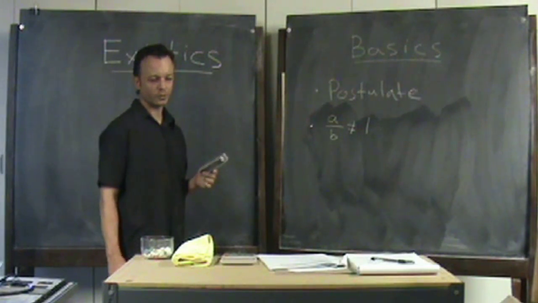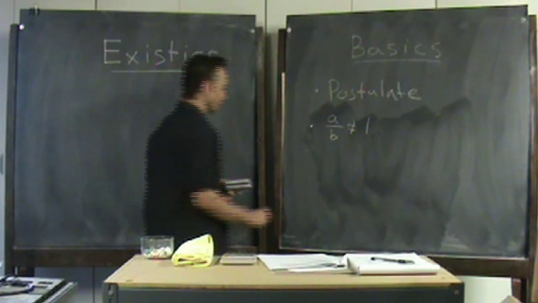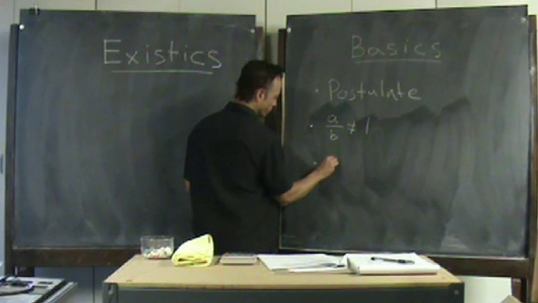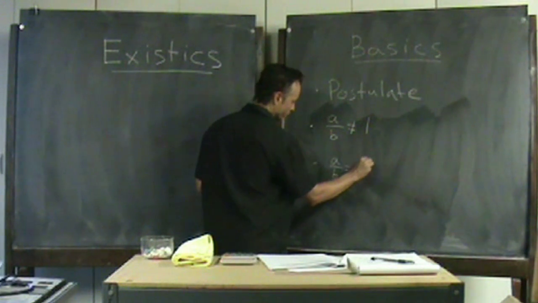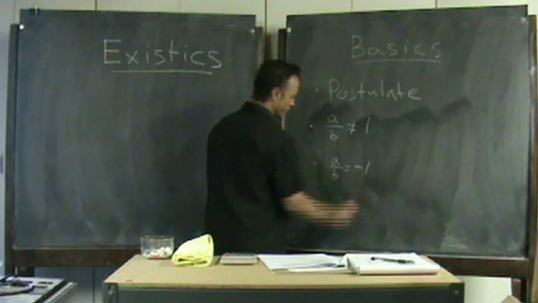For the statement no two things are totally different, what we'll do is we'll put a over b equals minus 1, and this can represent them being perfect opposites, that more or less being the mathematical equivalent to the statement that I make when I say no two things are totally different.